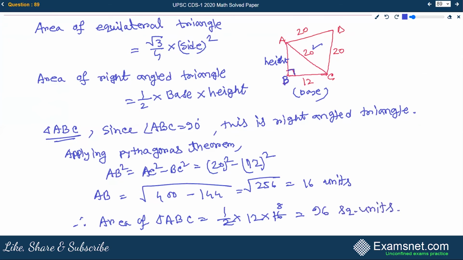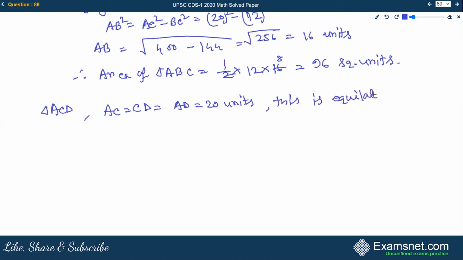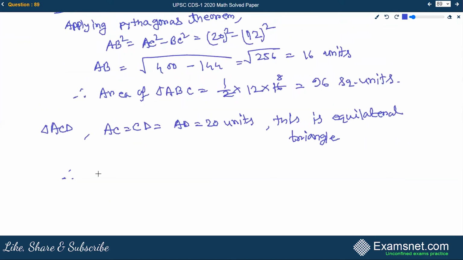Fine. Now we will consider triangle ACD. Here AC equals CD equals AD, that is 20 units. So this is an equilateral triangle. Now let's find the area of triangle ACD.